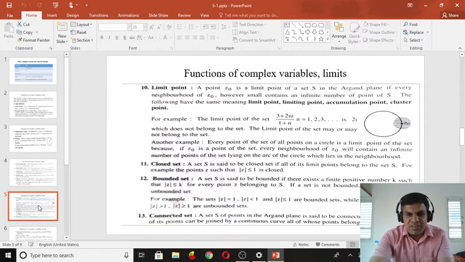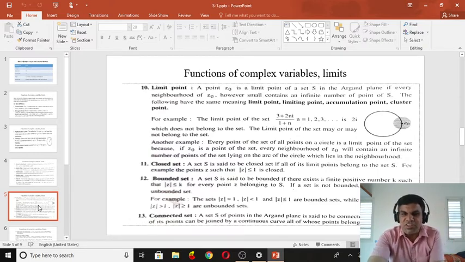A bounded set. What is a bounded set? In the real case, f of x is bounded if we can choose a positive number k such that minus k is less than or equal to f of x, which is less than or equal to k, that is, mod f of x is less than or equal to k.